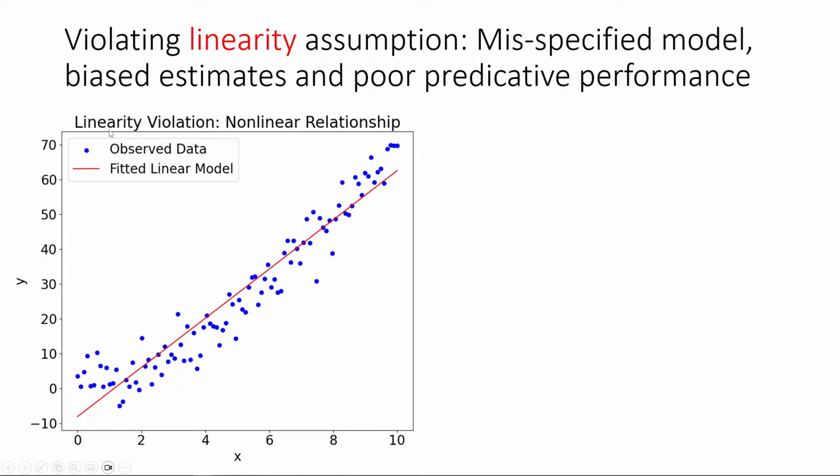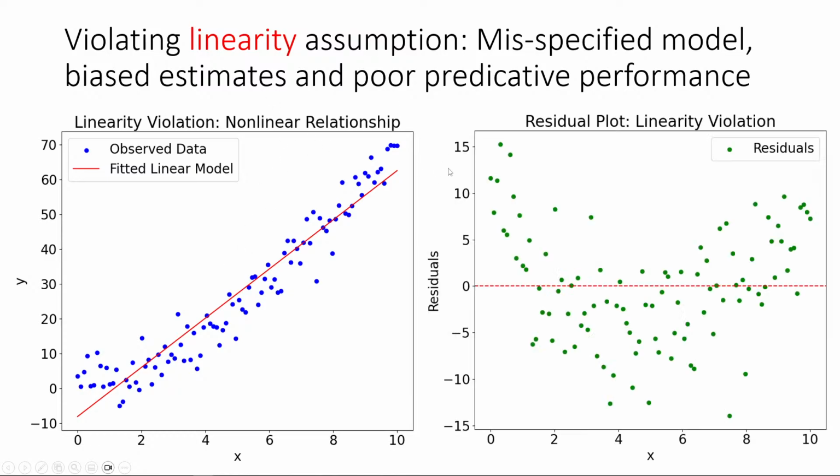So this is a linearity violation. Here is my data. I'm fitting a linear model to it, but is this linear data? How could I check for linearity? If you plot your residuals and the data was linear, the residuals should be randomly distributed. But you see here that is not the case; it's not really random, there is a structure here, it looks like this.